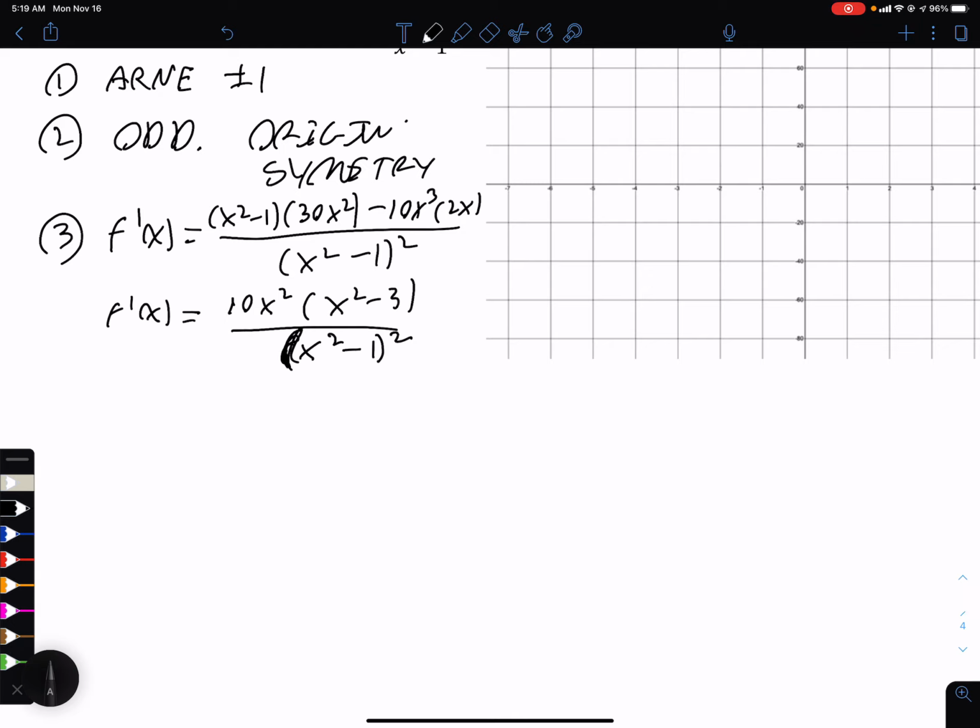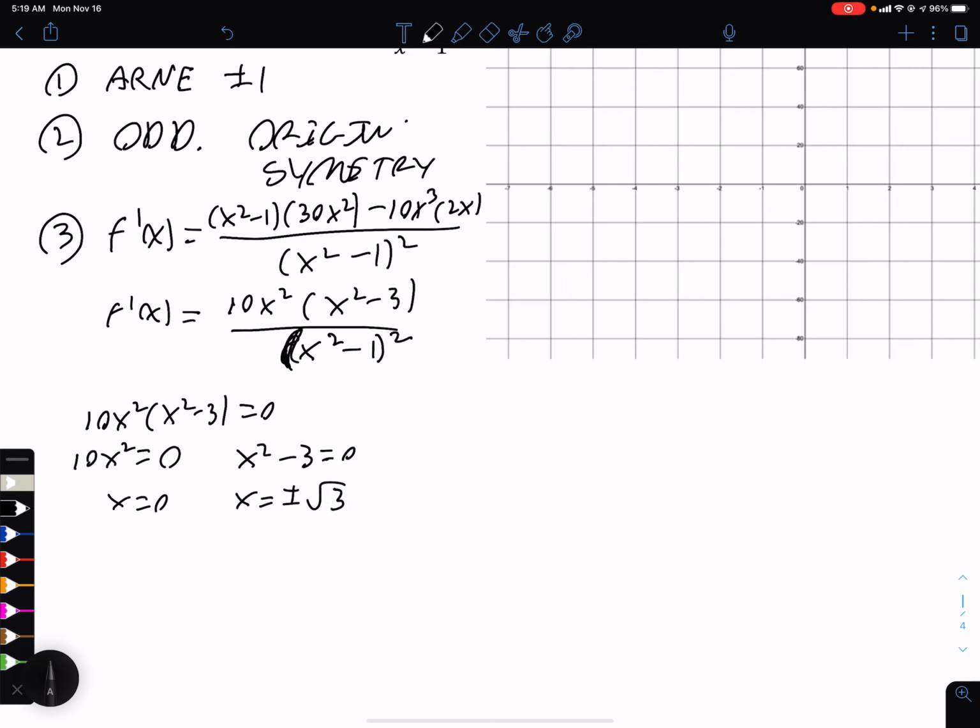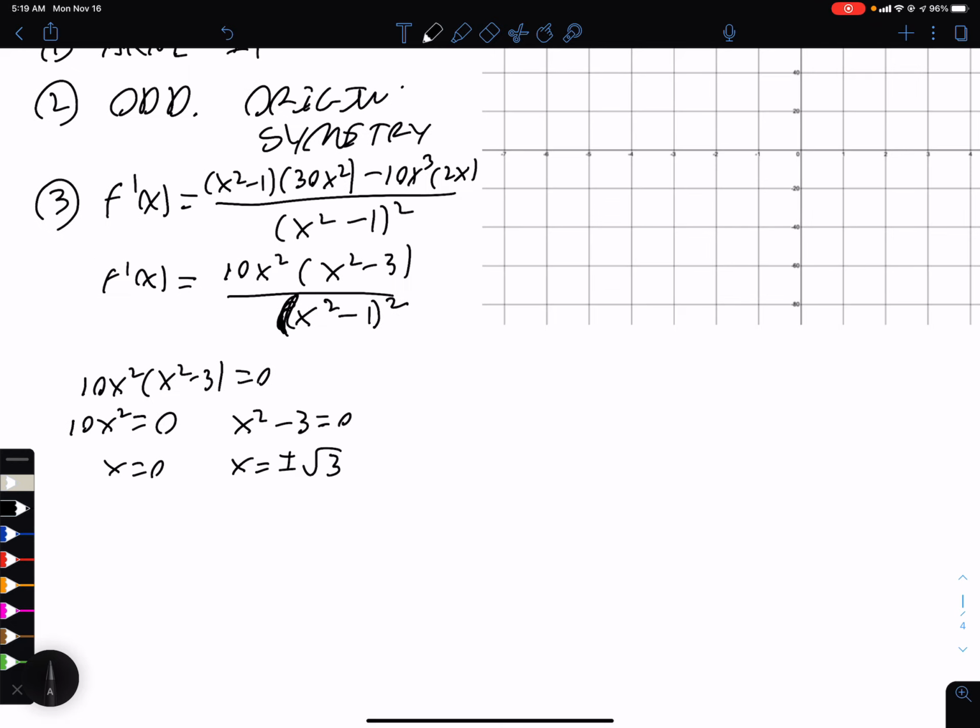So critical points is where the derivative is 0 or does not exist. Well, this equals 0 when the numerator equals 0. So basically you set each factor equal to 0 and solve. This one you get 0. This one you get plus or minus radical 3. So those are our critical points, but you also need to look at when the denominator is 0.